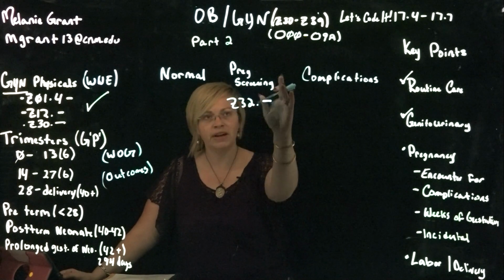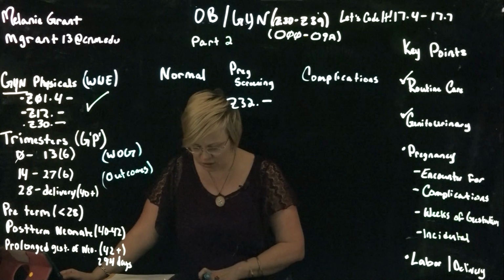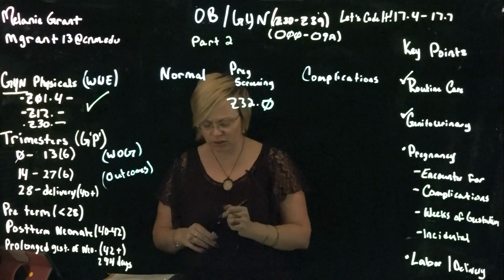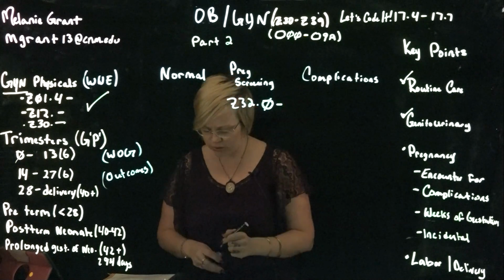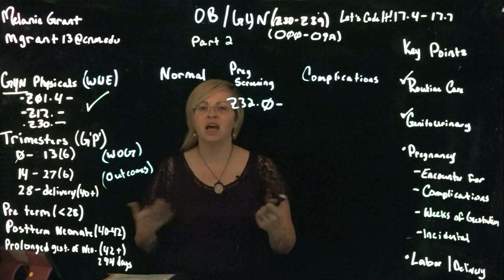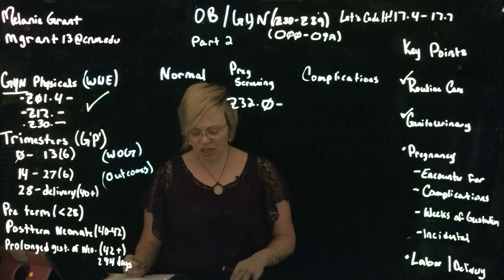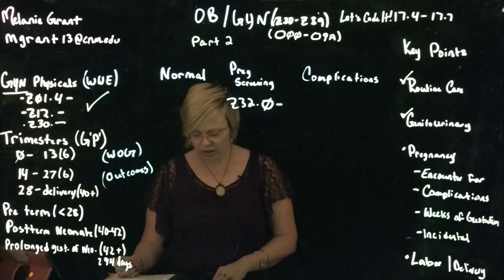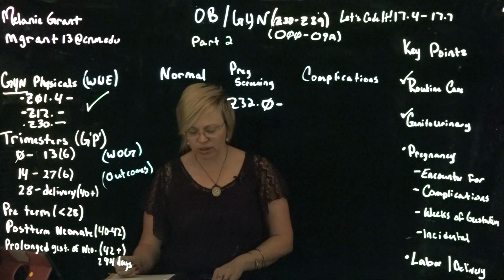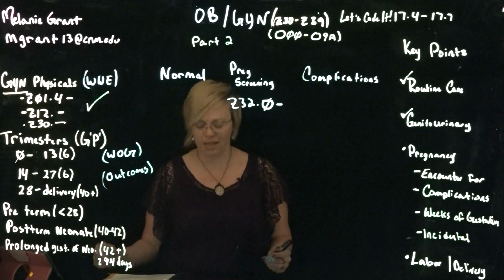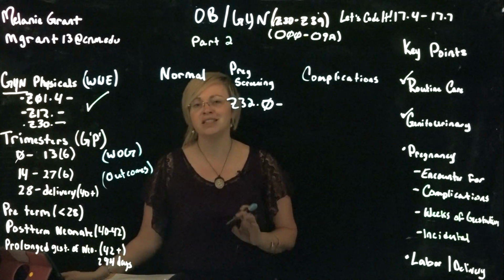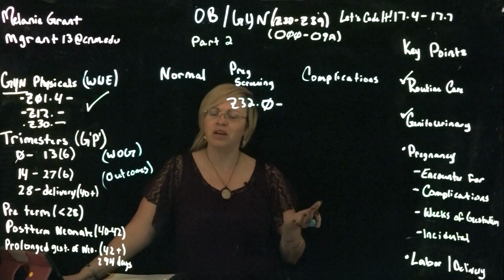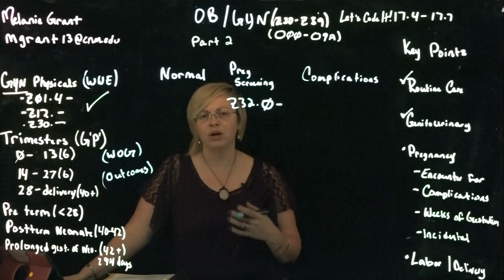But we're going to find our pregnancy screenings under Z32.0. So this is always going to be Z32.0 dash. And there's 3 different options. Either in the documentation, the results of the pregnancy screening was unknown, the results of the pregnancy screening was positive, or it was negative. And keep in mind, if it's not stated, we can never assume that they're pregnant, even if the provider starts talking about treatment.